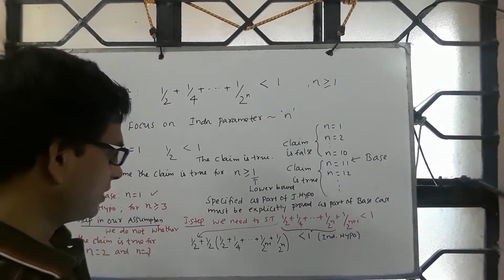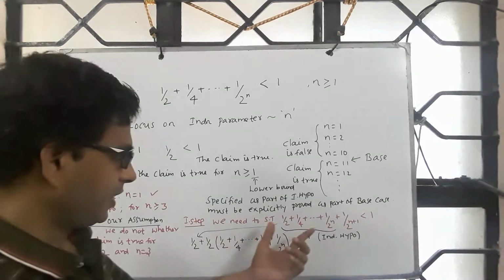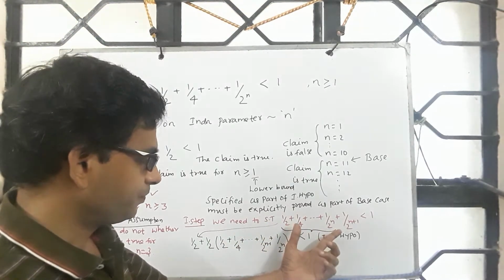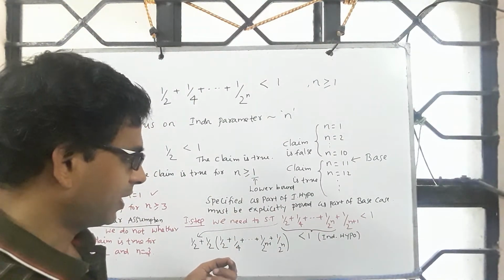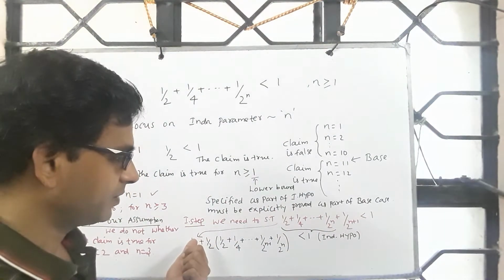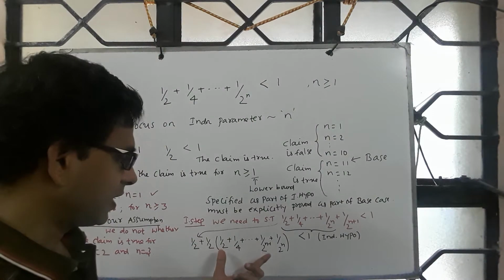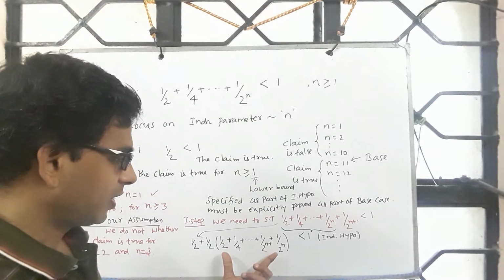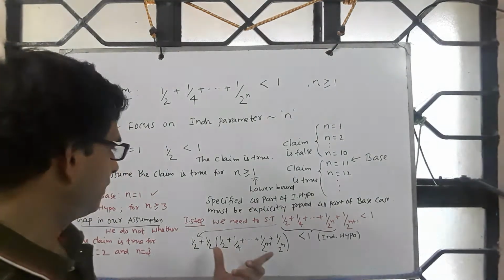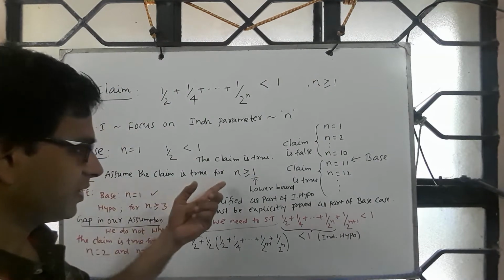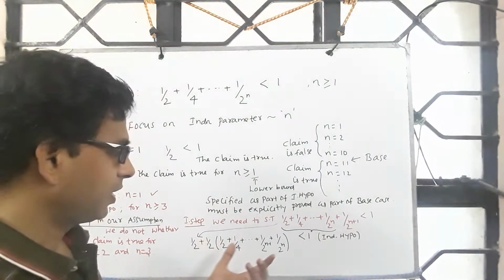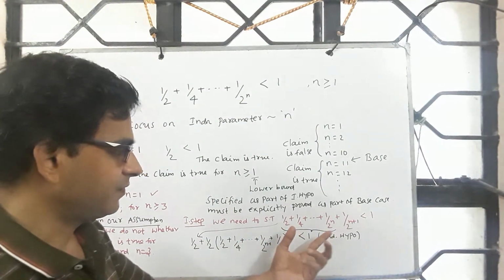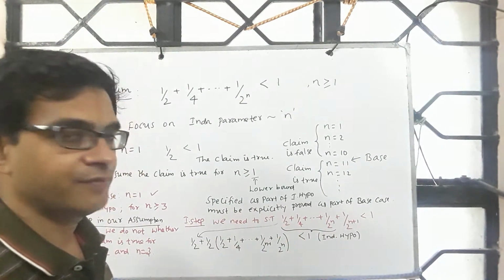Always remember this. When we look at the induction step, we should fine tune the expression appearing as part of the induction step in such a way that you can get an expression which you have assumed as part of the induction hypothesis, or rather modify the expression in such a way that you can bring in the inductive hypothesis.